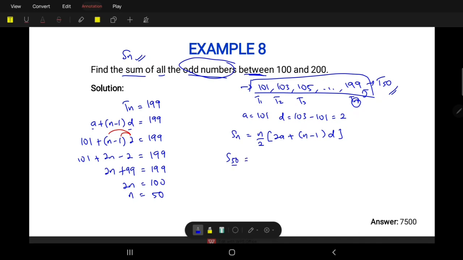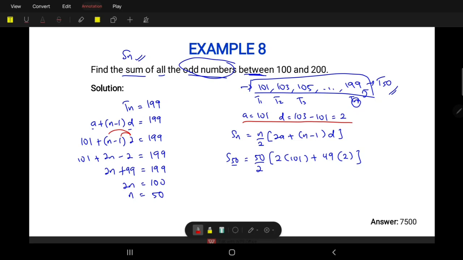Where n is 50, so 50 divided by 2 times 2a. A is 101, plus n is 50, right? So 50 minus 1, you will get 49, times D. What is D? D is 2. Ini kita dah cari dah.